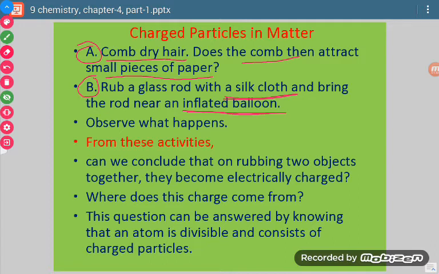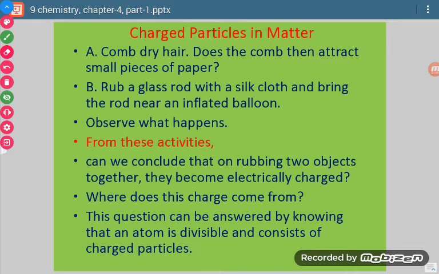Okay, now here what we are seeing, we know that opposite charges attract each other and similar charges repel each other. So in the case of the comb, it has attracted paper, so it means there is opposite charge between paper and comb. Similarly, the glass rod was moving the inflated balloon away, it means there were similar charges.